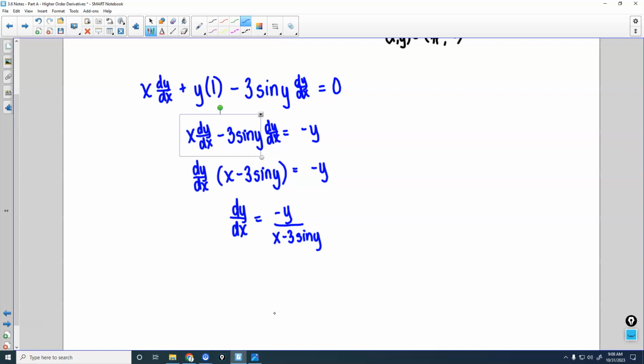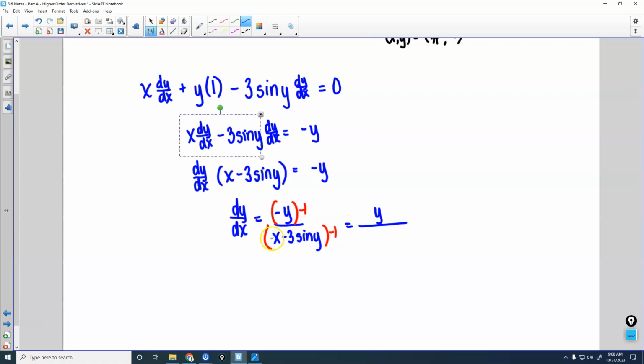I kind of don't like having that negative in the top. So here's something you can do. You don't have to do this at all. You can just leave it like this. But because you have that negative in the top, if you wanted, you could multiply by -1 on the top and on the bottom. And on the top, you would get a positive y.